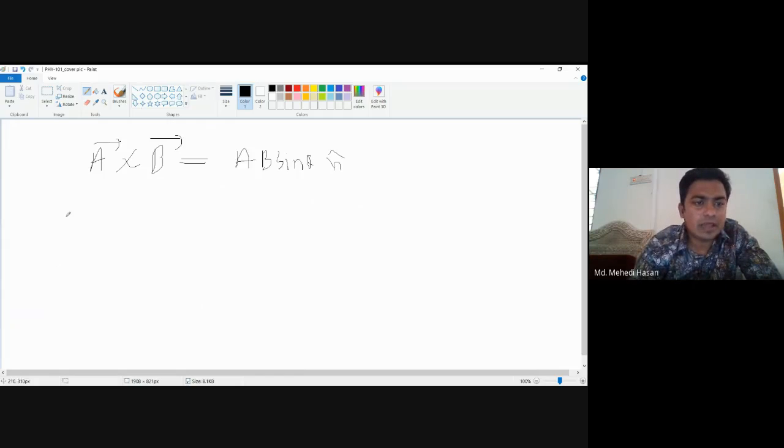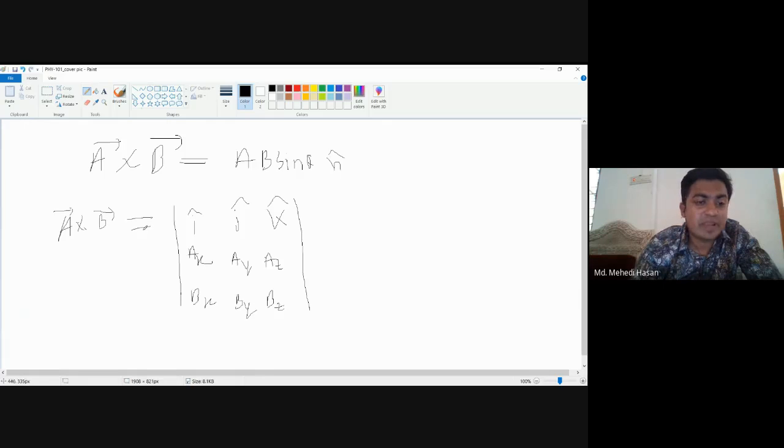In calculating A cross B, you have to follow a particular matrix: the first row I, J, K, then AX, AY, AZ, and BX, BY, and BZ.